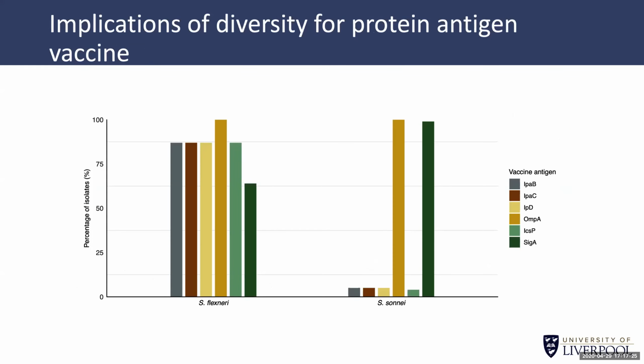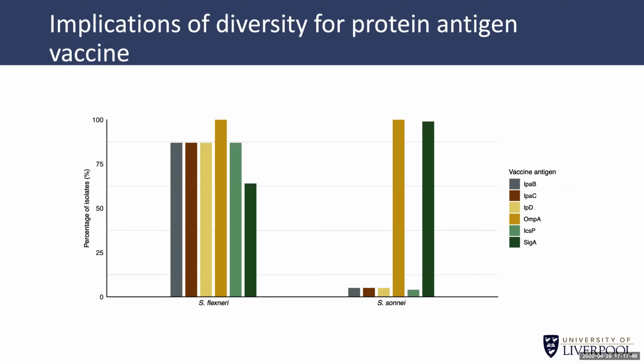So with the worrying increase in resistance, vaccination is a good approach for management of shigellosis. Currently there's no licensed vaccine available, but there are several in development, and we wanted to utilize this data set to assess the diversity of a few of the vaccine candidates and how that may impact their likely effectiveness.